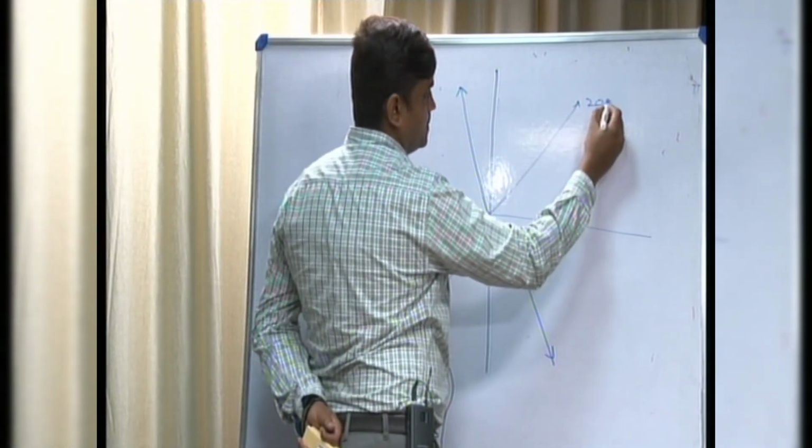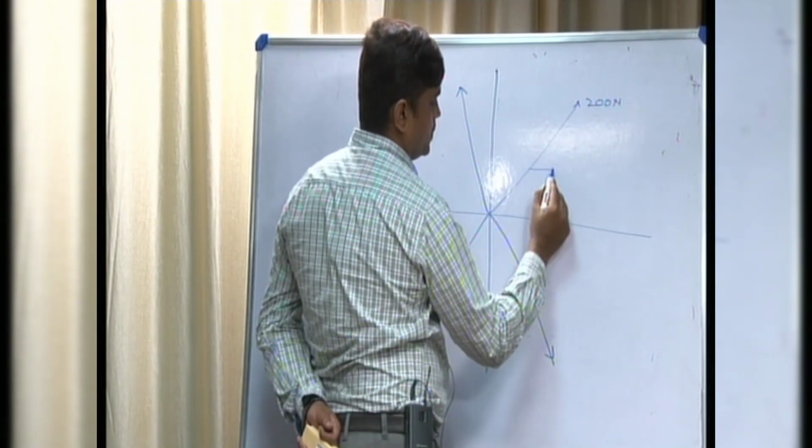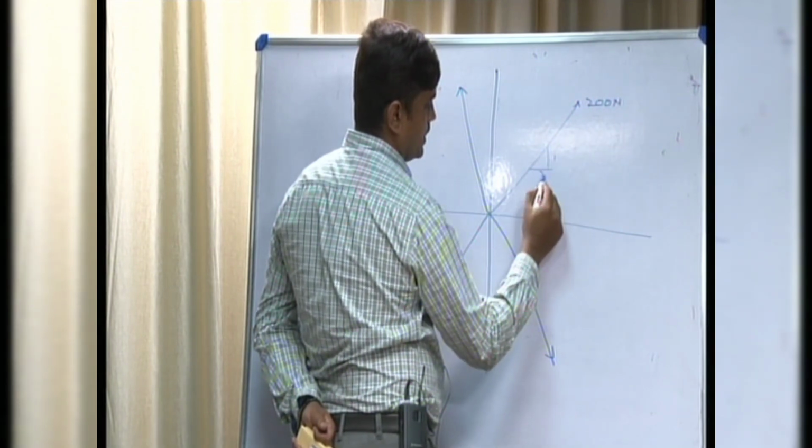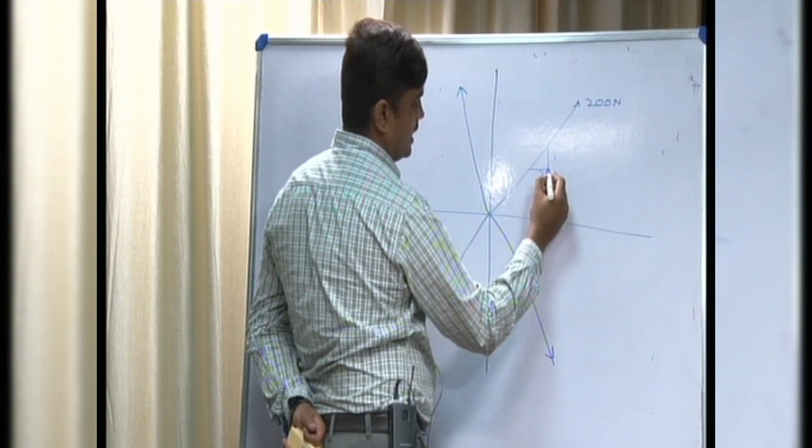Newton, 2 horizontal, 1 vertical. Here the slope is given, the angle is not mentioned.